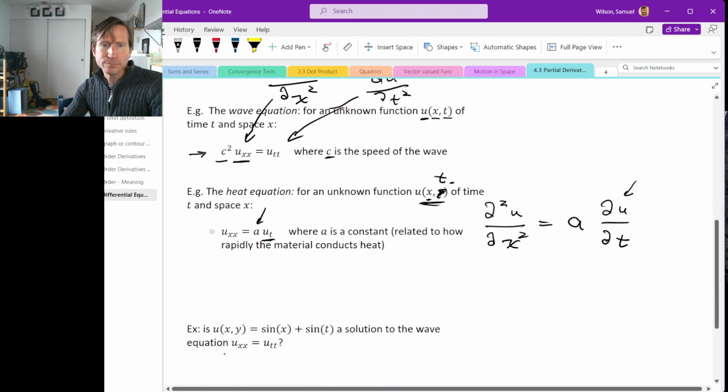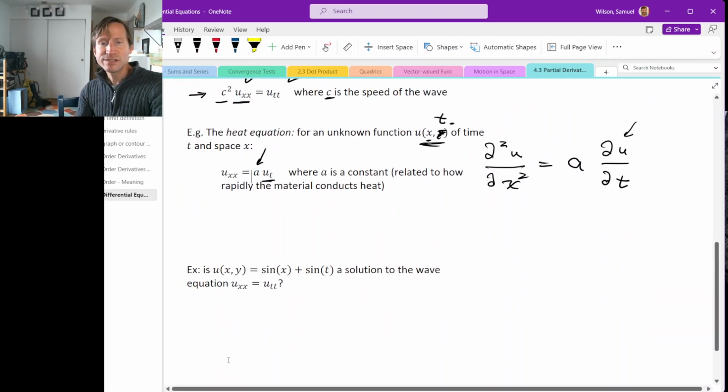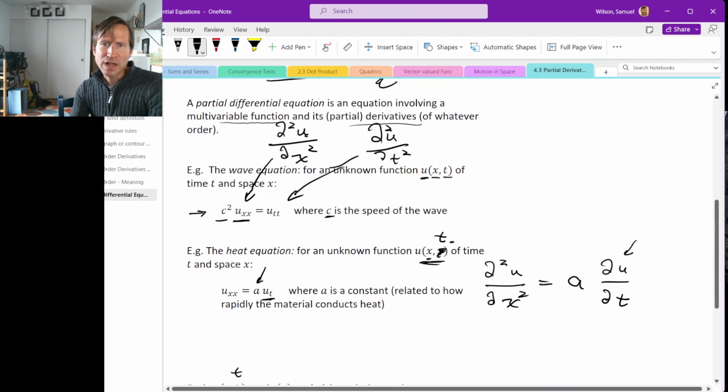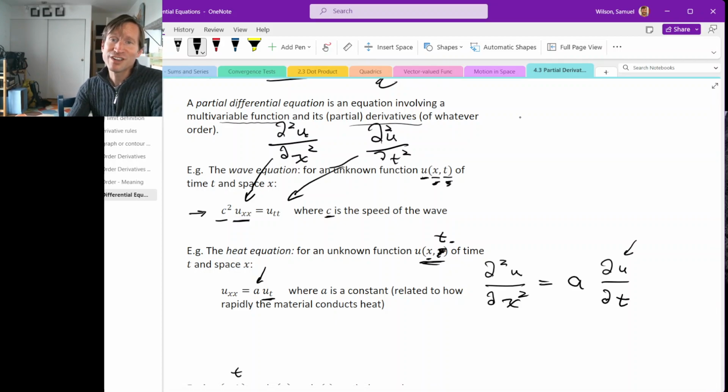Okay. So, for example, here is a function, u of x, t. Oh, actually, before we look at this example, I have written these differential equations with one space variable and one time variable. If you want to work in the full, four-dimensional space-time, you can write these equations with three space variables, x, y, and z, and then, of course, a time variable.